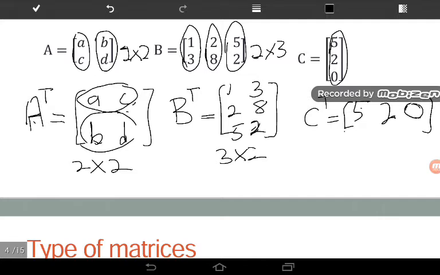Previously it was 3 by 1, and C transpose is 1 by 3.